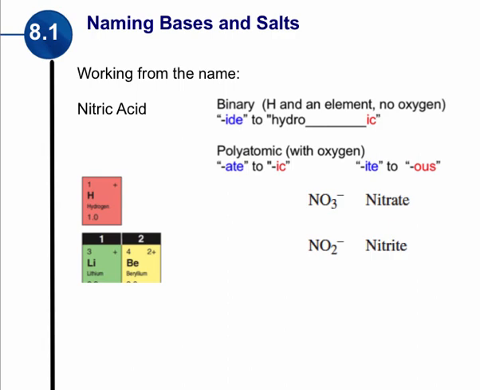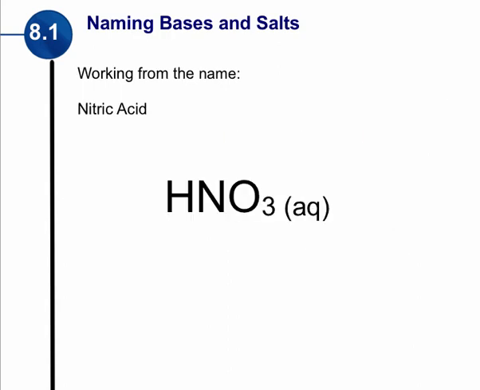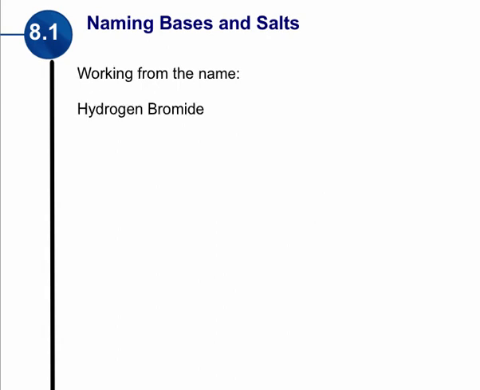So we look on our list of polyatomics, and nitrate is NO3. Notice the charge here is a minus, hydrogen is a plus. So we need one of each, and our chemical formula for nitric acid is HNO3 AQ.